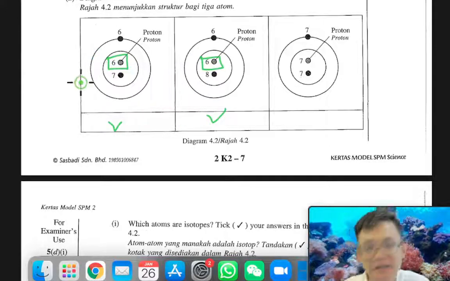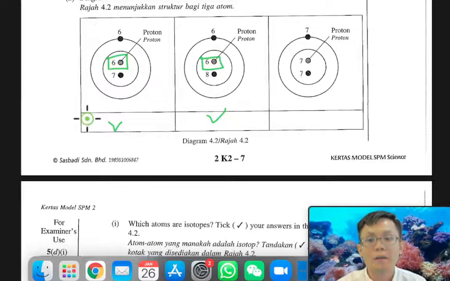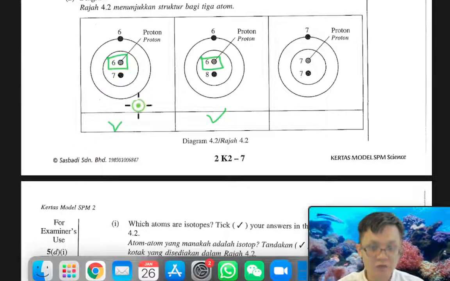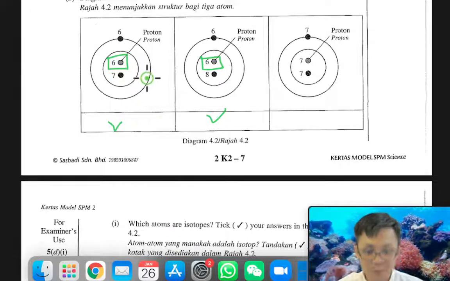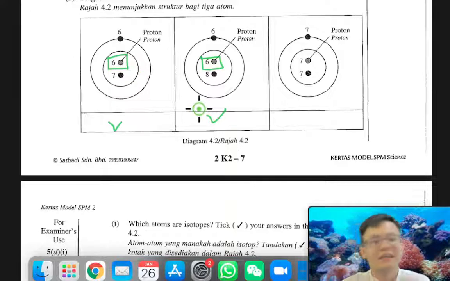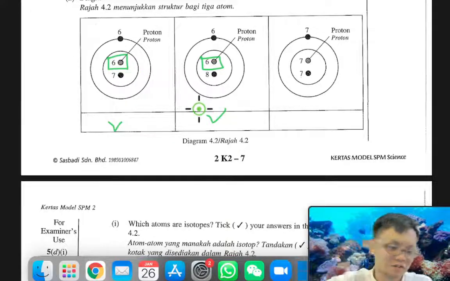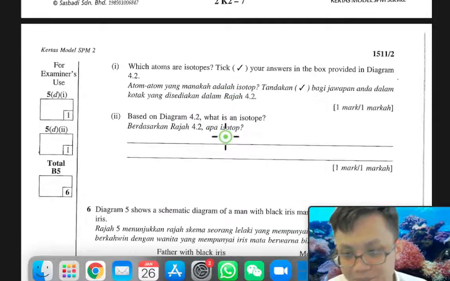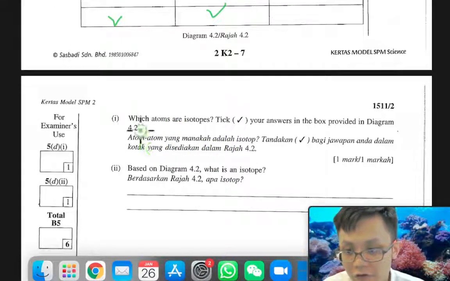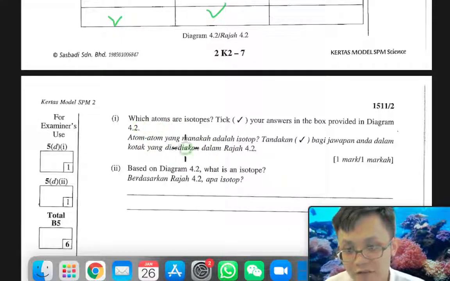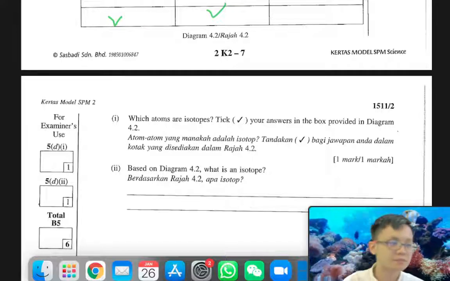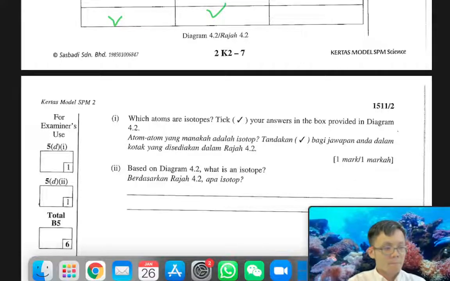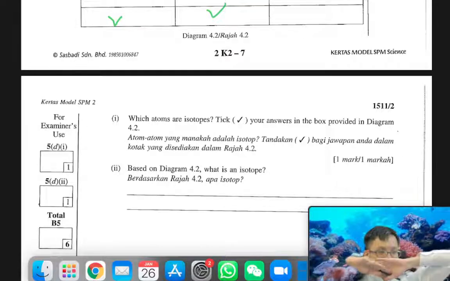An isotope is an element that has the same number of protons but a different number of neutrons, or you can say the same number of protons but different number of nucleons. It's the same thing anyway. Based on diagram 4.2, what is an isotope? Atoms with the same number of protons.